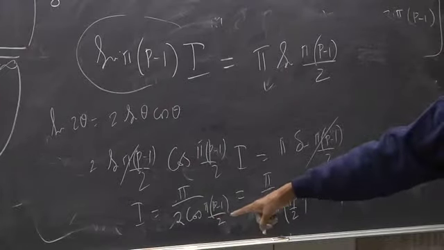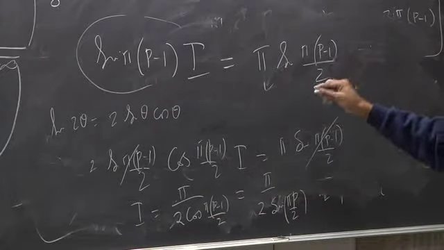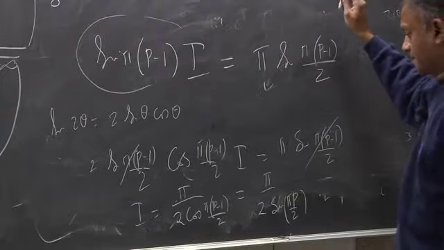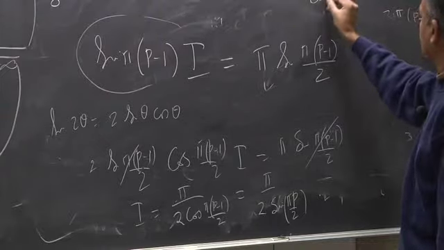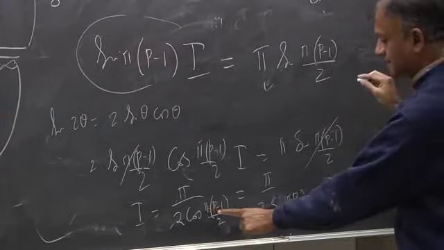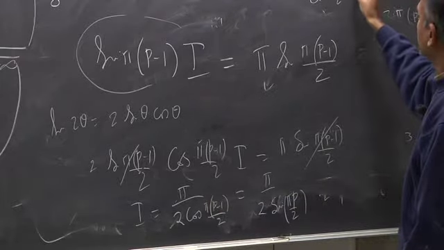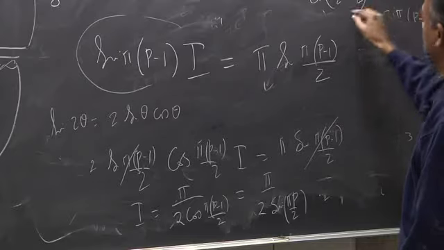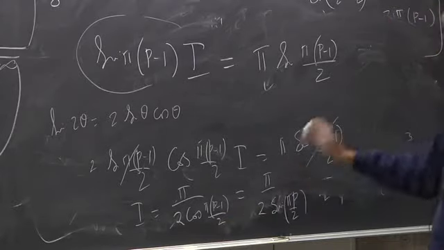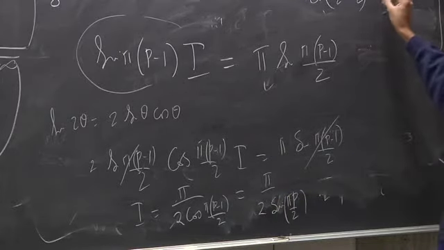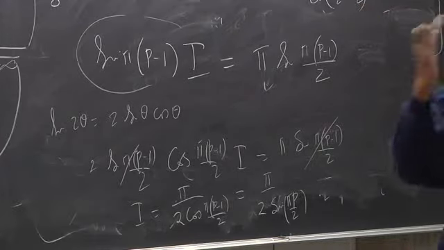This is because, again, we use the trigonometric identity. What is it? First of all, this is the same as cosine of pi p by 2 minus pi by 2, right? Cosine is an even function, cosine of theta is equal to cosine of minus theta.